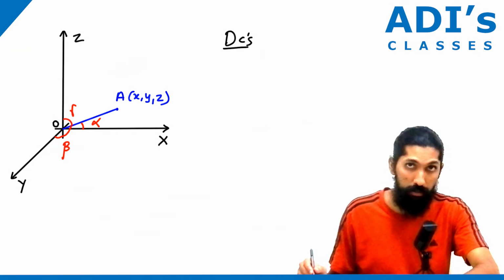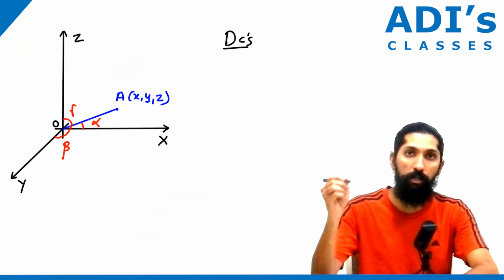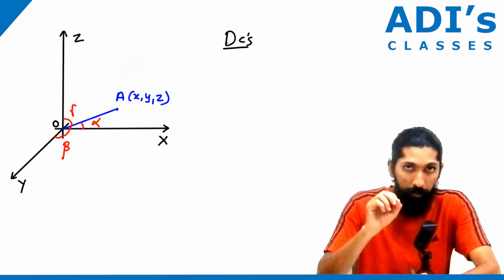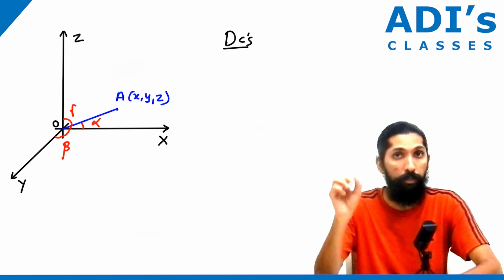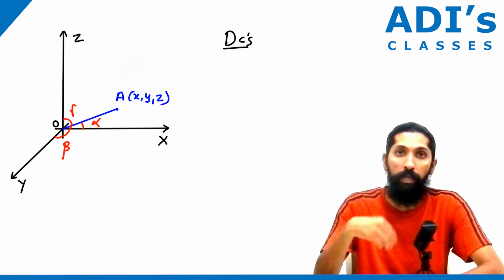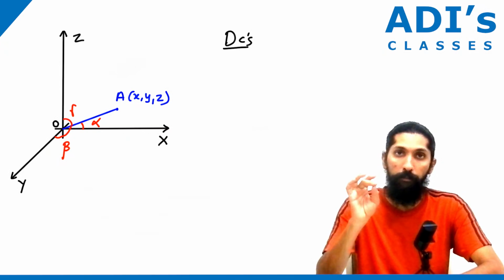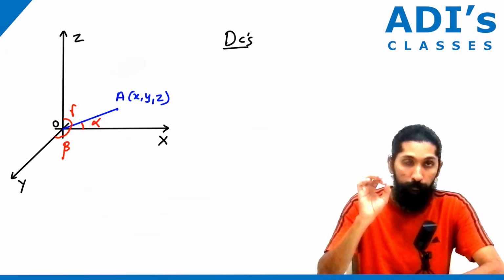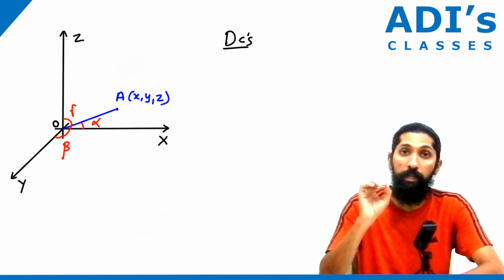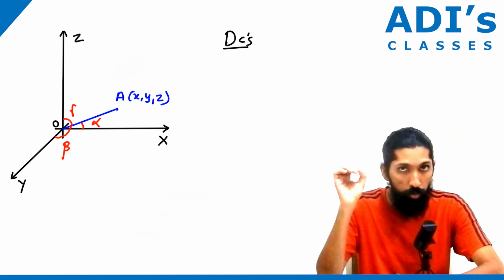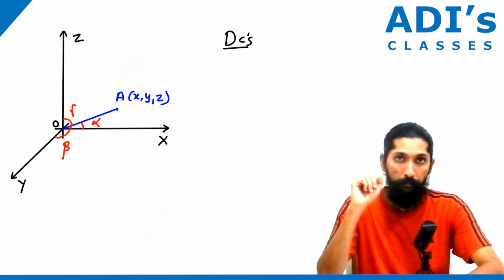These are the three angles. Now alpha, beta, gamma play a very important part in defining the position of that point. Again I'll repeat this: the three angles alpha, beta, gamma represent where the point is positioned or situated within the space.